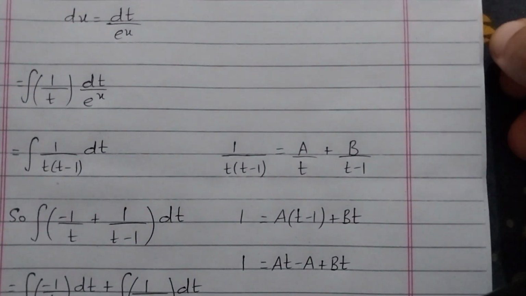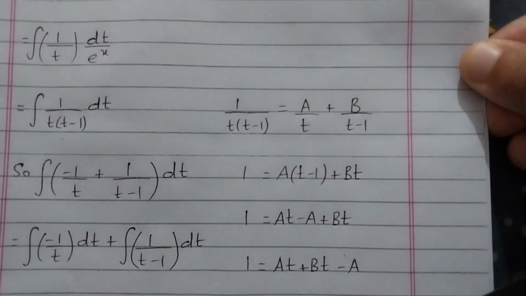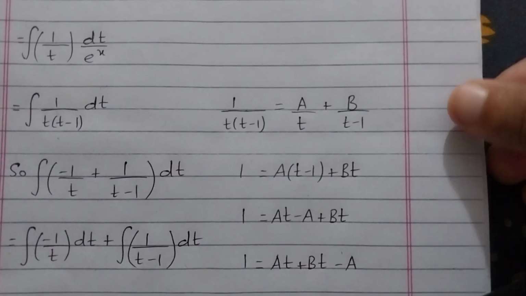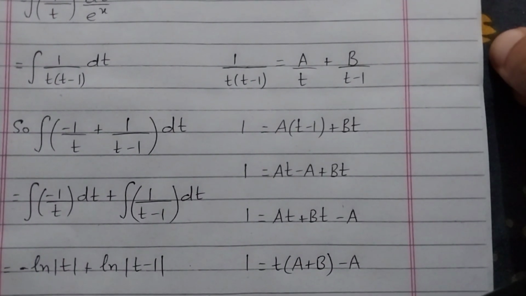So 1 is equal to at, a is multiplying with t and 1, so it will become at minus a plus bt. When we take t common from the two like terms at and bt, we'll be left with 1 is equal to t times a plus b, minus a.